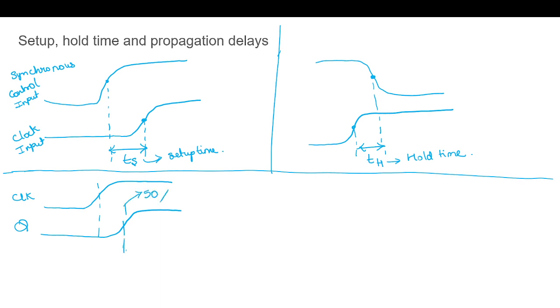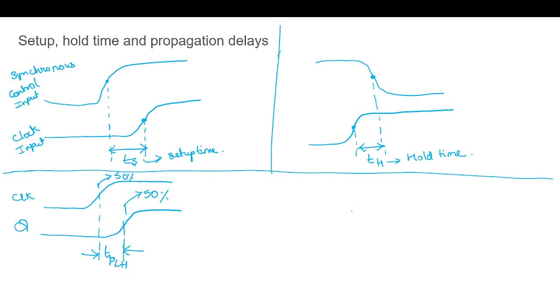This 50% to this 50% is called the propagation delay, and since it is low to high, it is TPLH, propagation delay low to high.